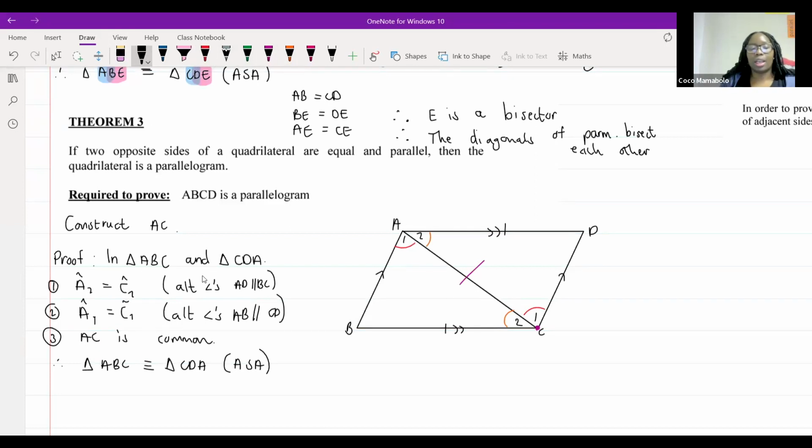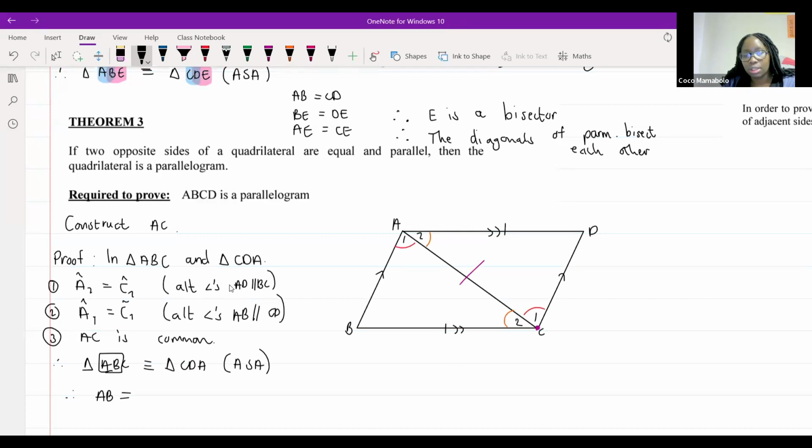All right. Now it says here that if two opposite sides of a quadrilateral are equal and parallel, then the quadrilateral is a parallelogram. Now we've seen that because these triangles are congruent, all the corresponding sides will be equal. That means that AB is equal to what?